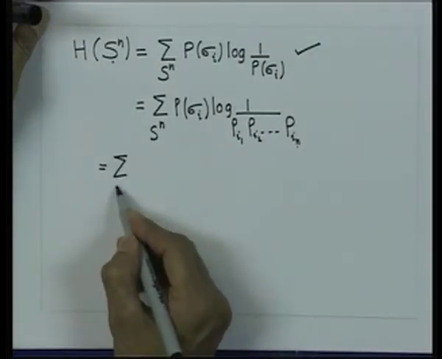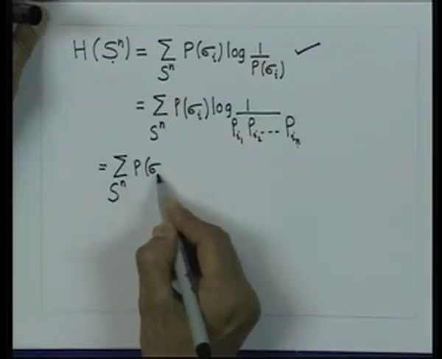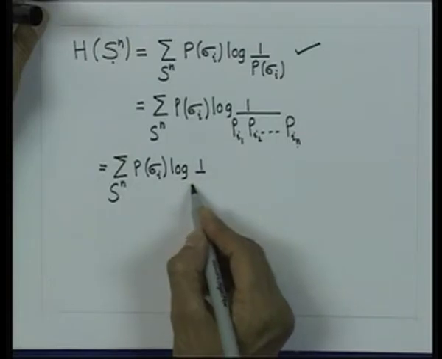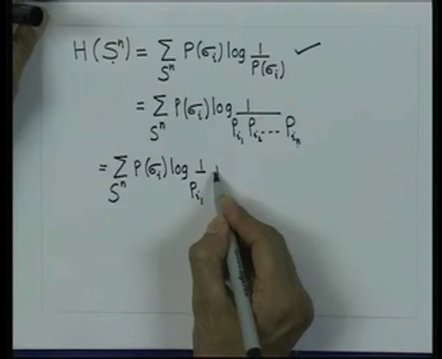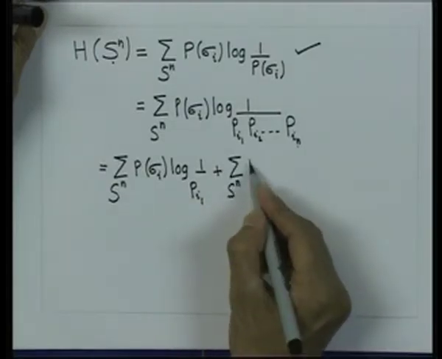Now, this I can simplify as P of sigma i times log of the product, which I can break up into n summations.